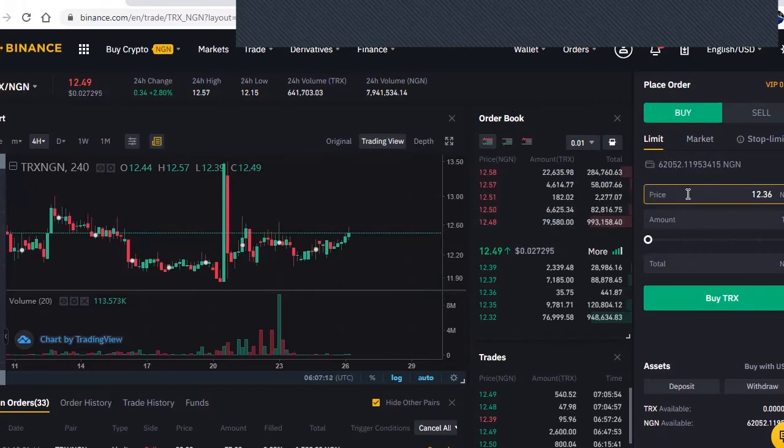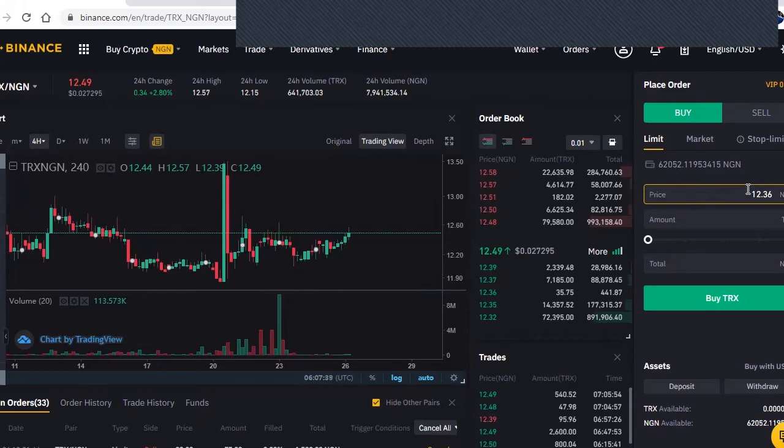When you're on limit in the order box, it means you want to dictate your own price. For example, the current price of Tron is, let's say, 12.35 kobo.